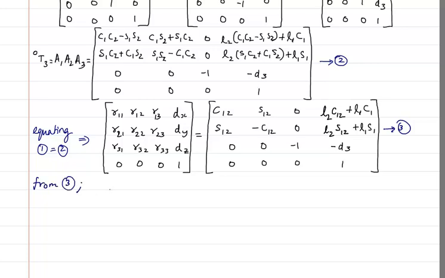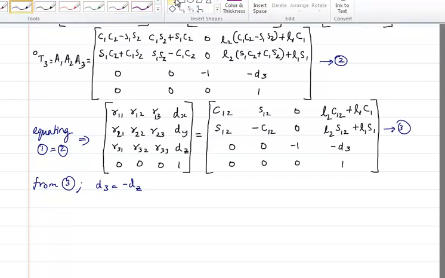From 3, what all can I say? Directly I can say that d3 is going to be equal to minus dz, isn't it? So directly you can see that d3 is equal to minus dz. Let me put it in a box.